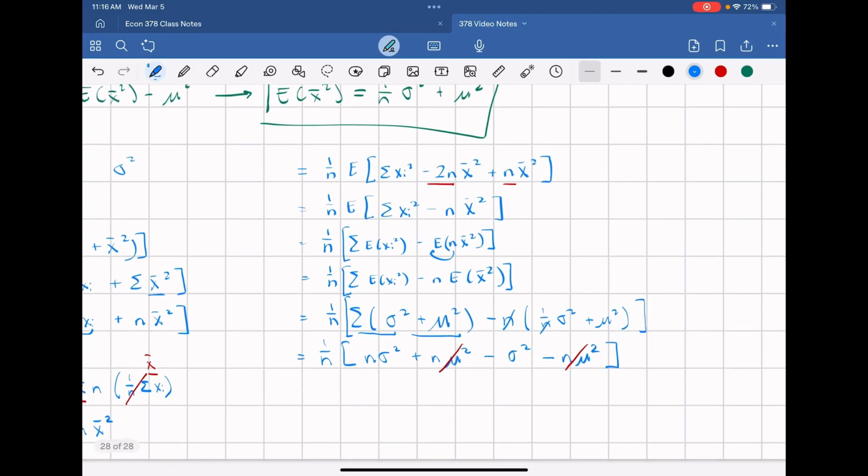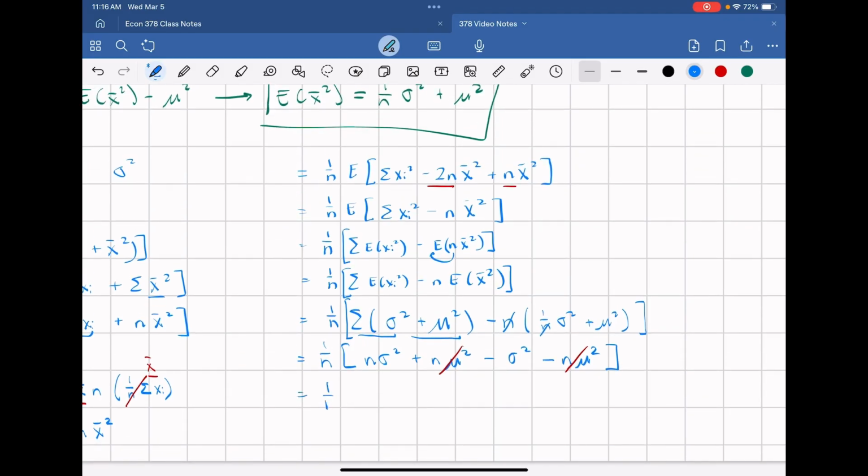And so I'm left with 1 over n times n sigma squared minus sigma squared, which I can rewrite as 1 over n times n minus 1 sigma squared. And so now we get the final equation, n minus 1 over n sigma squared.